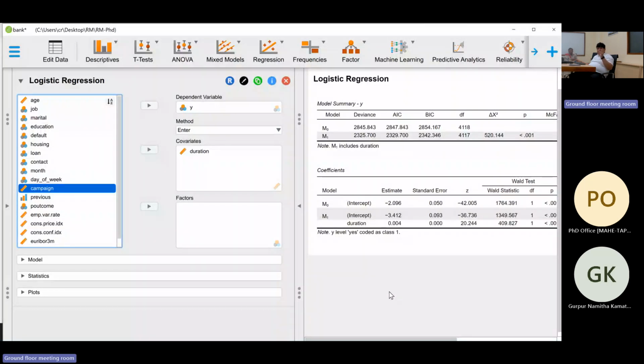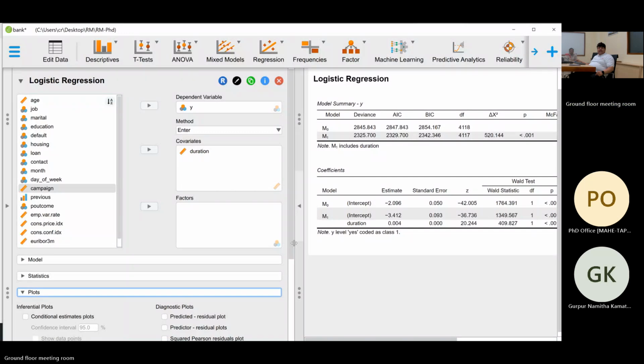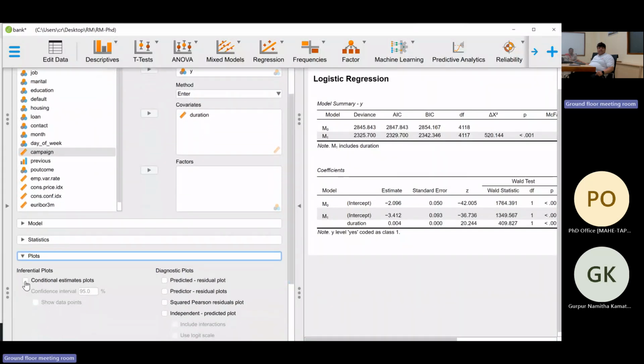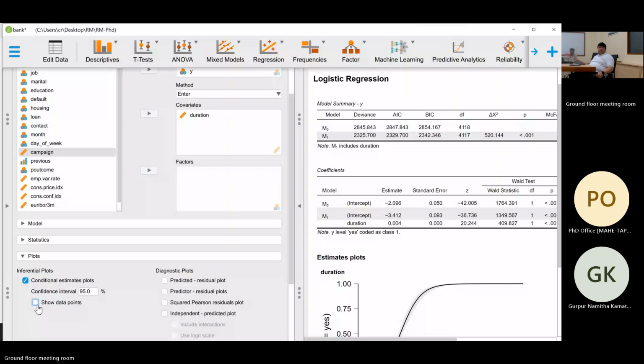Now let me quickly turn to the visual part of it and then the equation. In the plot, let me draw this conditional estimates plot. This will give you an idea about how it comes.